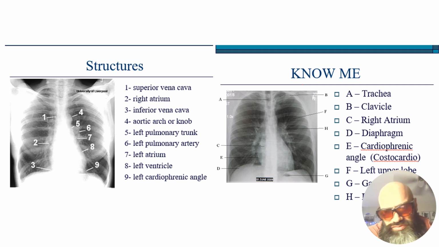There's also this one here on our right that you can label yourself or check mark, but I highly encourage you to get familiar with these structures so that when there is a presence of pathology, fluid densities, an abscess or cavitary lesions, or complete loss of cardiac borders, hemidiaphragm borders and costophrenic angles, you actually know where you are and you're not lost in the mix.